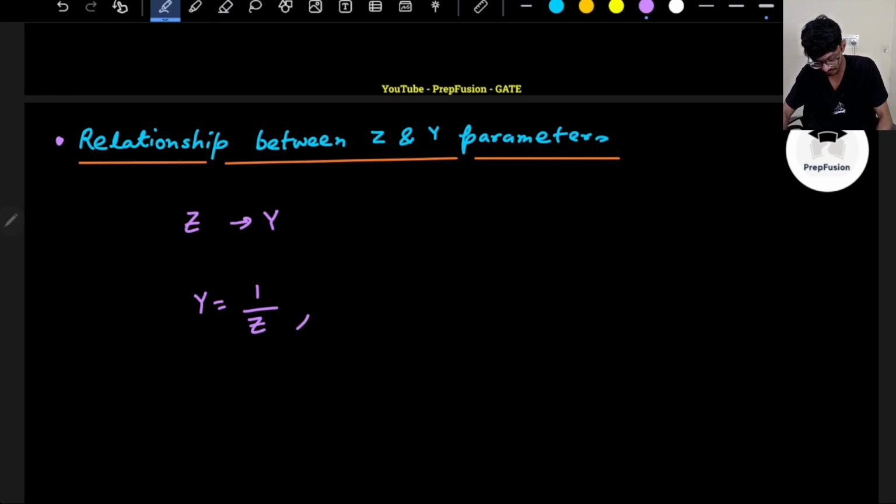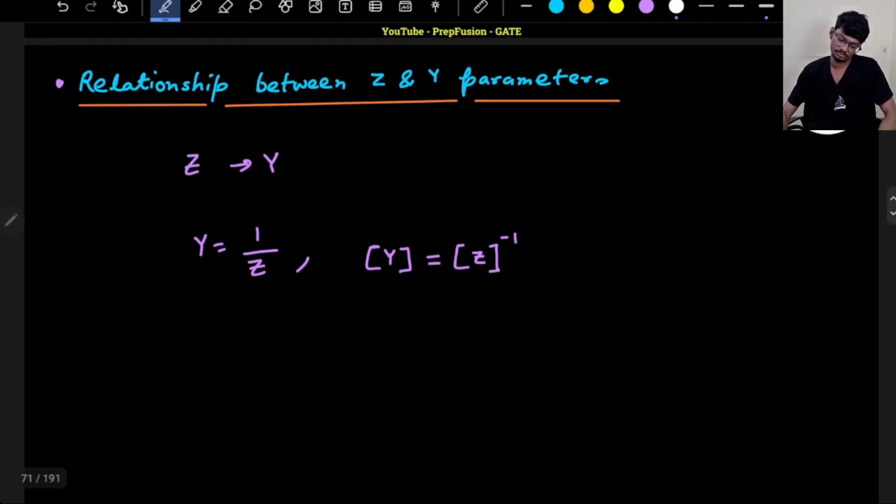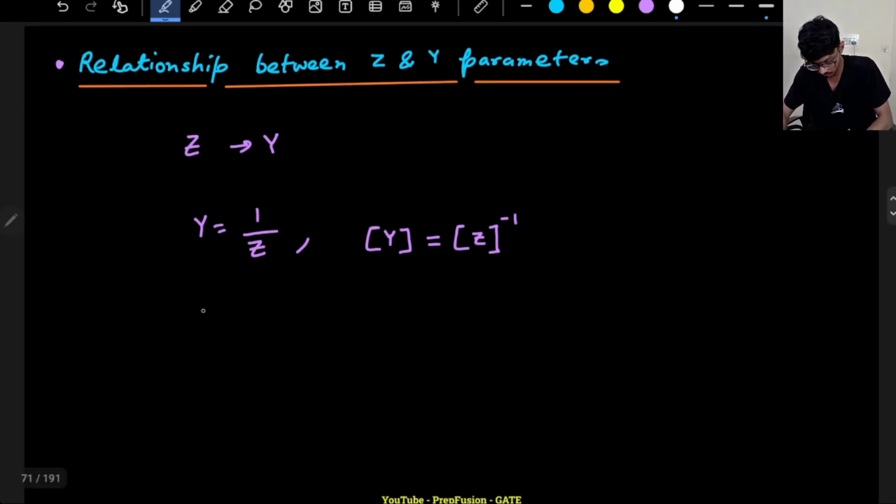In matrix format, this will be my y matrix and this will be my z inverse. So what are my y parameters?